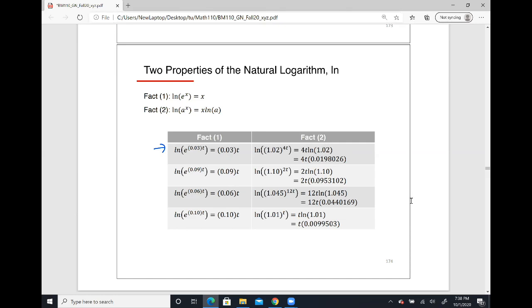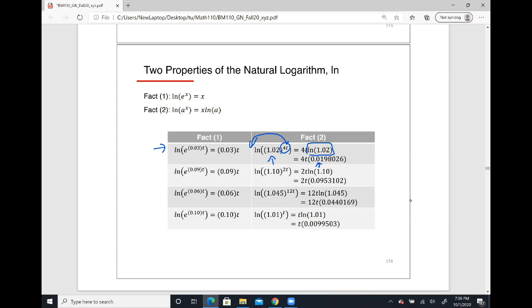For fact number 2, we just move the 40 down in front of the ln, because the base here is not the number e. Then you use a calculator to find the ln of 1.02, which equals 0.0198.